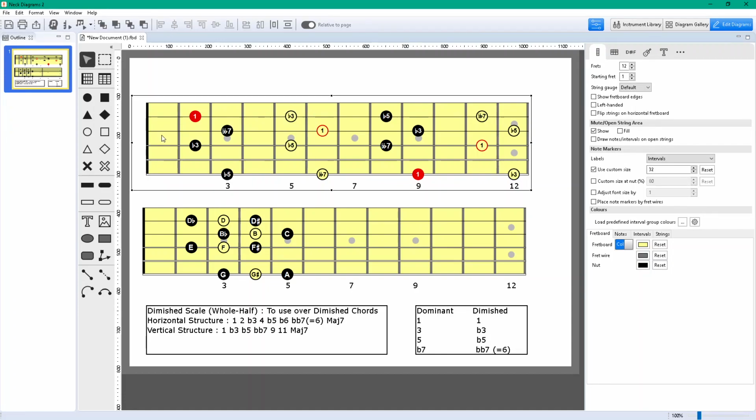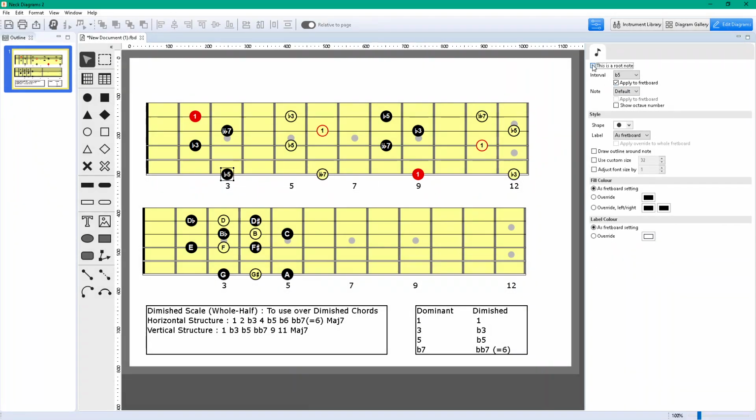Now, when it comes to the intervals of the actual scale, let me make this the root note once again. I'm going to write this in the key of G, but as I said, this is the key of G, is also the key of E, is also the key of B flat, is also the key of D flat.